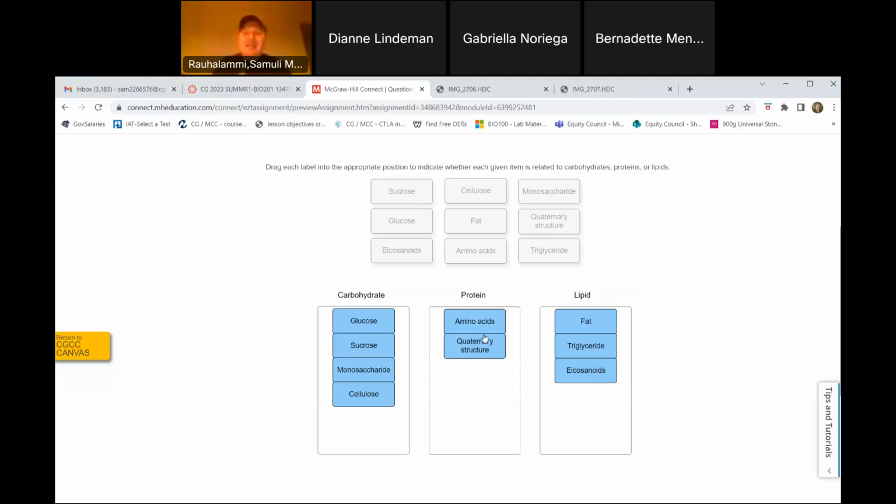And finally, if we look at proteins, proteins are the third and least preferable source of energy in the body in terms of the accessibility of the energy. Proteins are chains of amino acids, and proteins can be studied at many different levels, and the quaternary structure would be one of those levels.